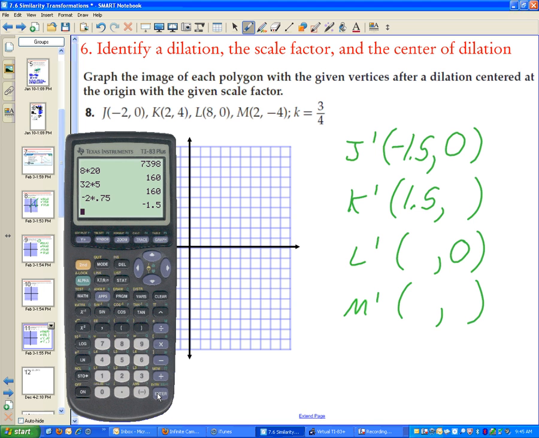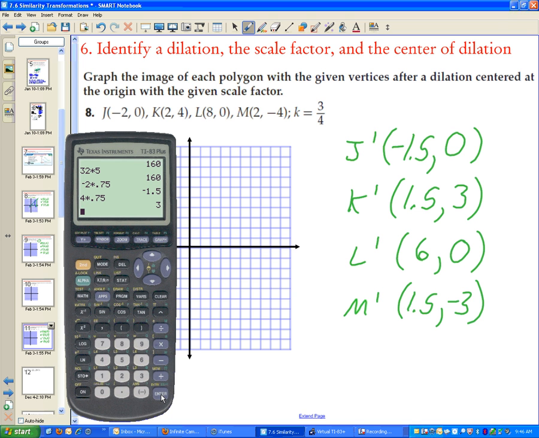What's 4 times 3/4? 4 times 0.75. What am I going to get? 3. So that coordinate's 3. Down here for M prime, that's got to be a negative 3. What's 8 times 3/4?